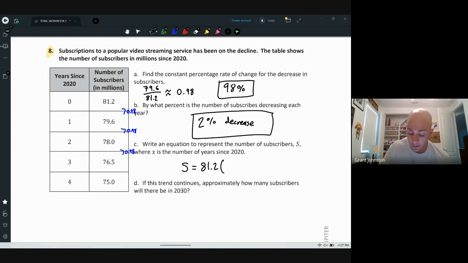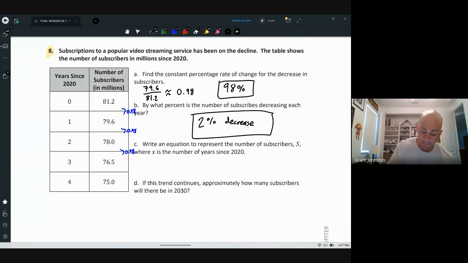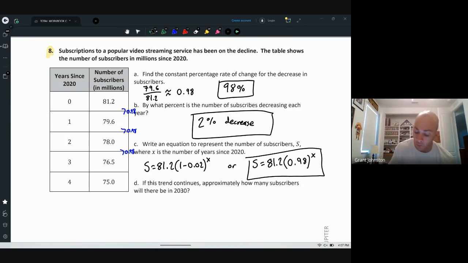So I could write 81.2 times (1 minus 0.02) to the power of x, or I could write S equals 81.2 times 0.98 to the power of x. And I generally prefer this one more after you simplify that.